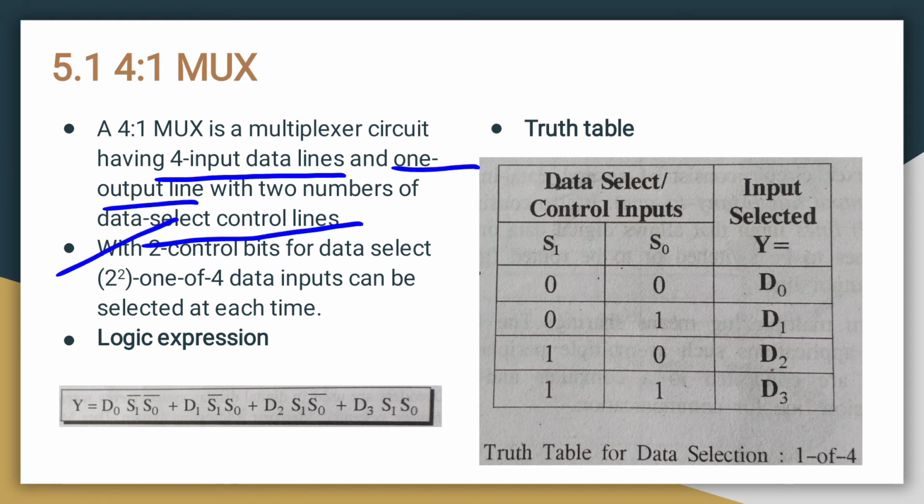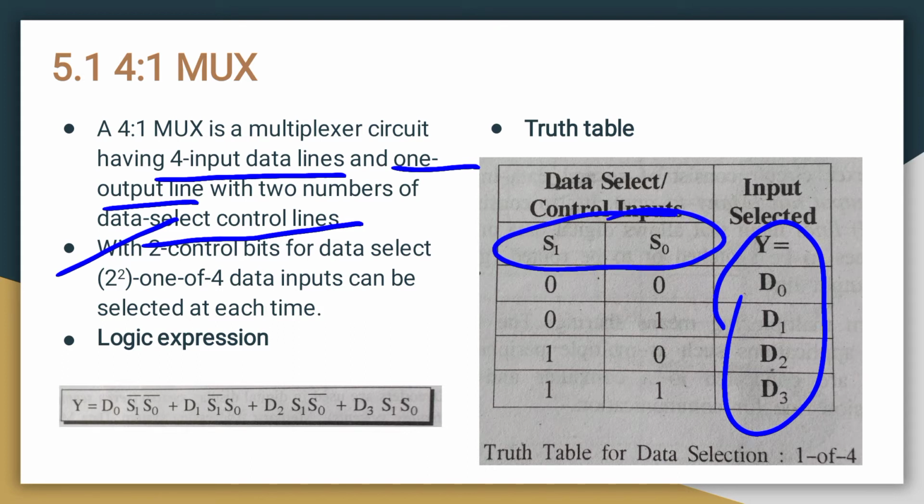With 2 control bits of data select, 2 to the power 2, one of 4 data inputs can be selected at each time. So you have 2 select control lines and 4 inputs. These are the 4 inputs, and these are the 2 control lines.